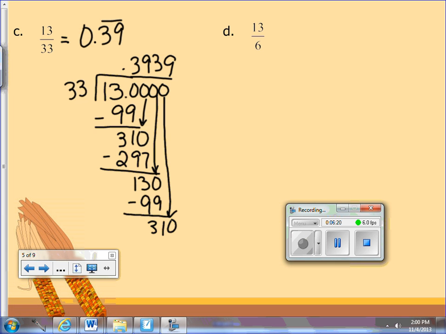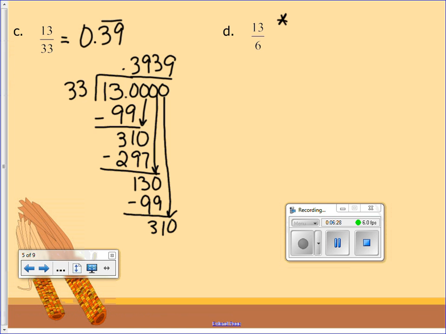In D, you have an improper fraction of 13/6. The first thing you're going to do is change it to a mixed number. You want to put a star by here. 13/6 in mixed number form is 2 and 1/6.